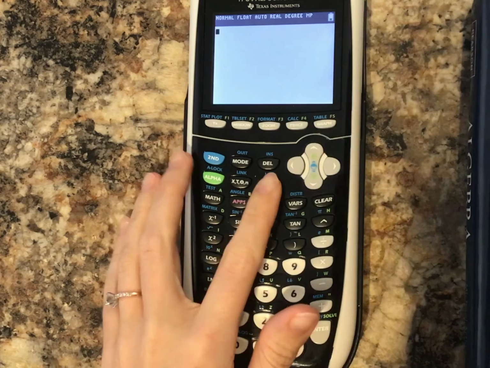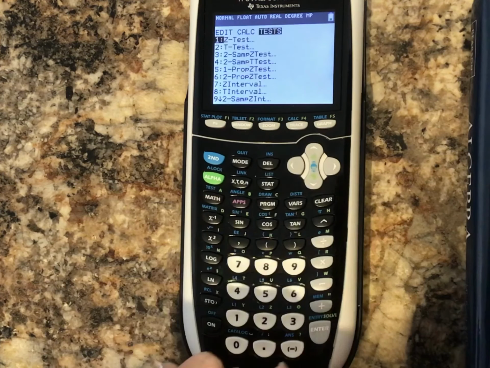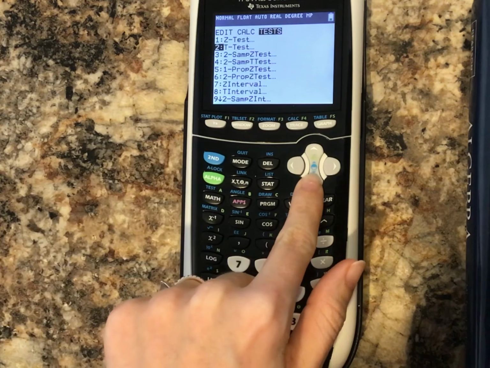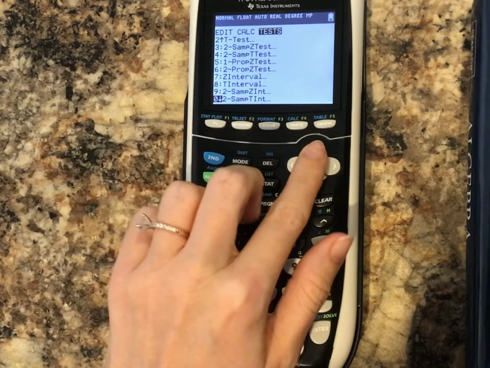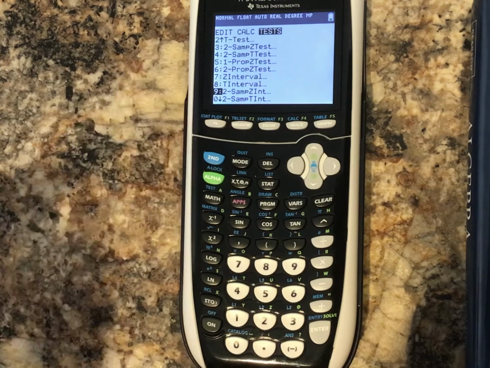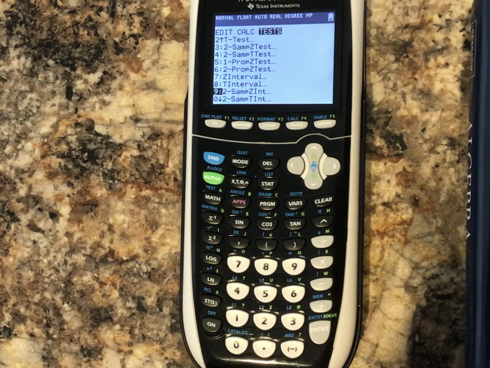So you're going to go to stat, go across to tests, and if you scroll all the way down here, you should find that number 9 is a two-sample z interval. We're going to do the two-sample t interval later when we know our sample standard deviations as opposed to our population standard deviations. So I'm going to click on number 9 and I'm going to input statistics.